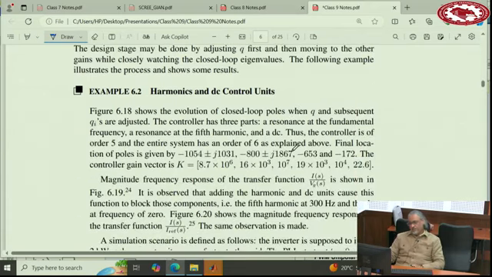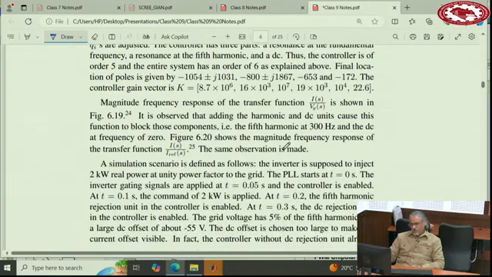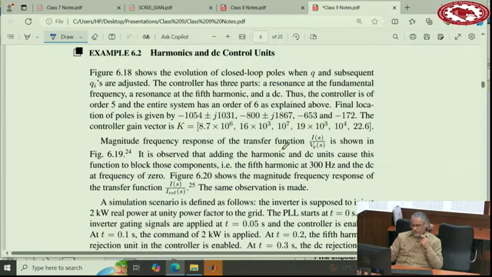Okay, now let's practice this in the context of this example. For the same example that we had before, we are going to extend the controller for DC and harmonic 5 to make sure that if the grid voltage has DC or harmonic 5, the controller can respond properly without generating distorted current.